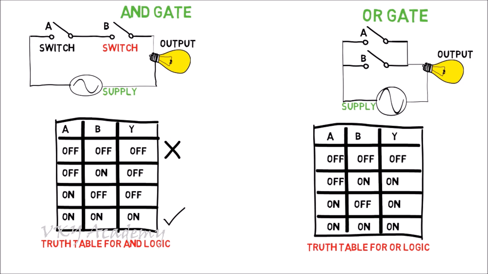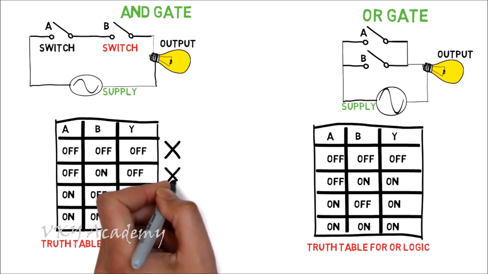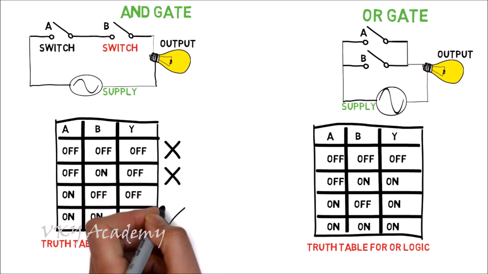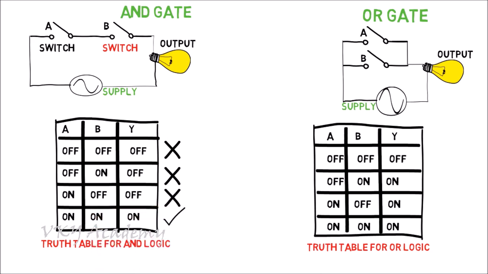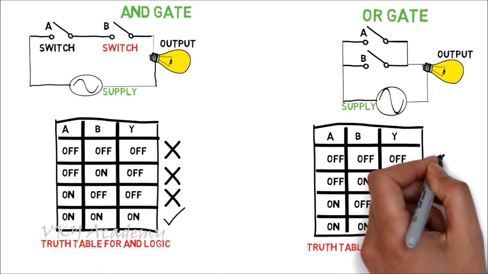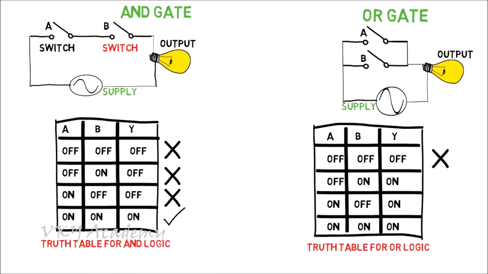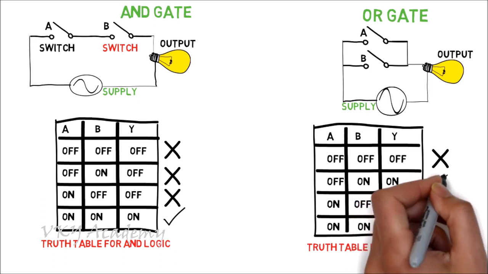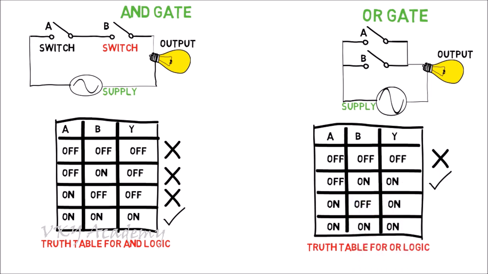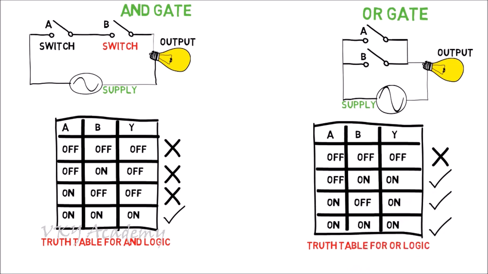If any of the input is 0, then output is 0. In the same way, the truth table of OR gate can be explained as: if both the inputs are off, the output is off. Output is on if any of the input is 1, doesn't matter the second input is on or off.